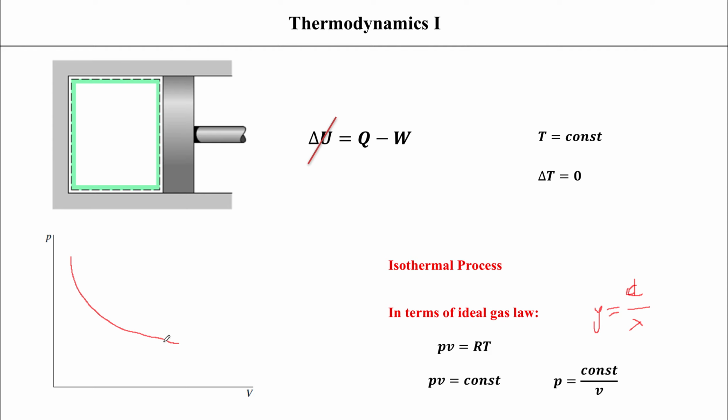Okay, so again, the area under the curve represents work, and the other thing to notice is that PV is equal to constant. That means that the change in this is constant too.